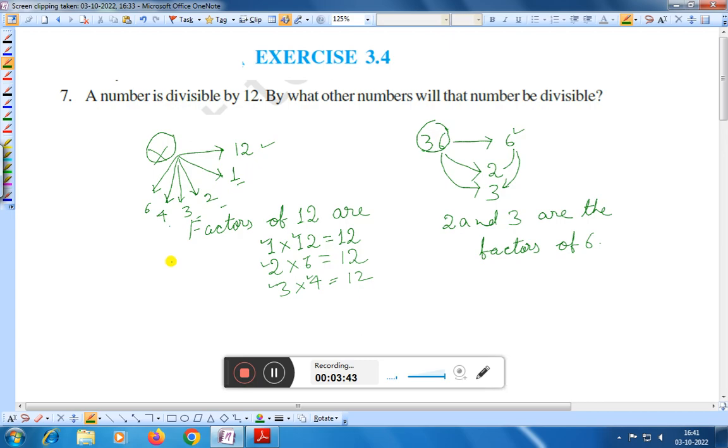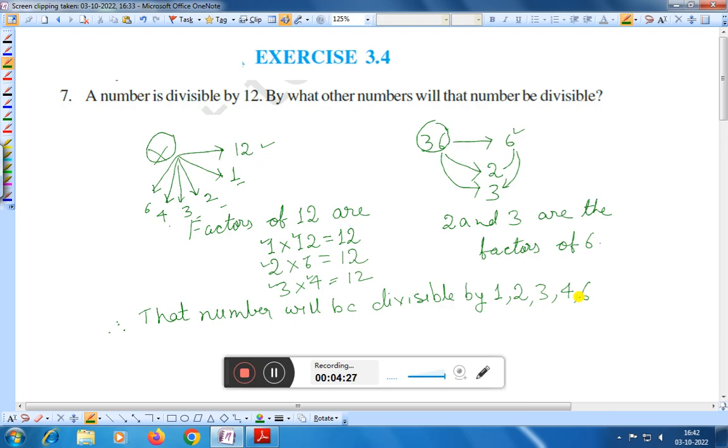Therefore, by what other numbers will that number be divisible? Therefore, we can say that that number will be divisible by 1, 2, 3, 4, 6, right?